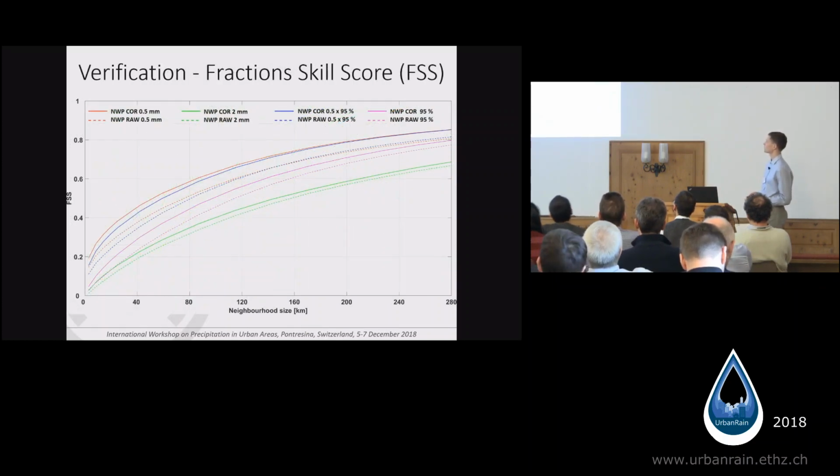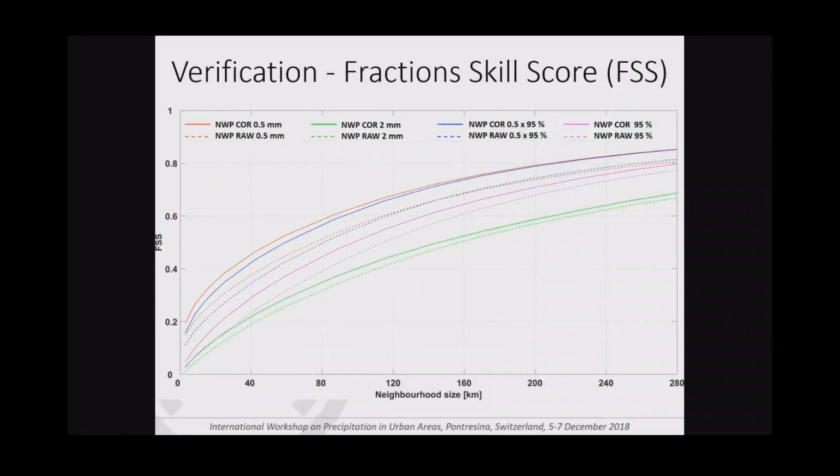We also verified the presented procedure using the fractions skill score, whose main goal is to express the dependence of the forecast quality on spatial scale. We used two absolute thresholds and two relative thresholds. The relative thresholds were calculated as a half or full 95th percentile of all observed 10-minute precipitation in a given domain.